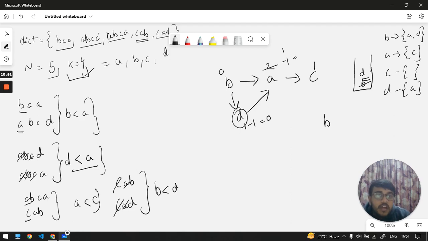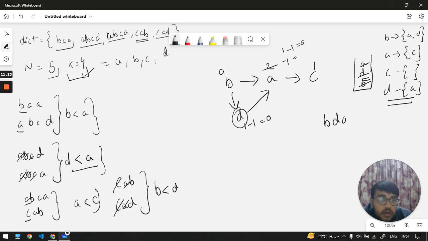Now I take out D and traverse to its adjacent neighbor, which is A. I decrease its in-degree of 1 by 1 and make it 0. Now I can push A to my queue.